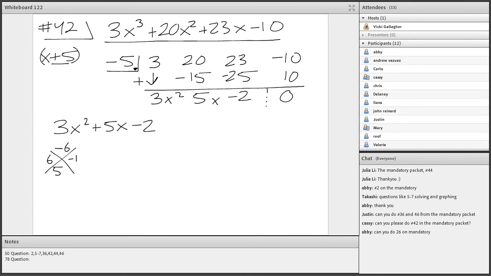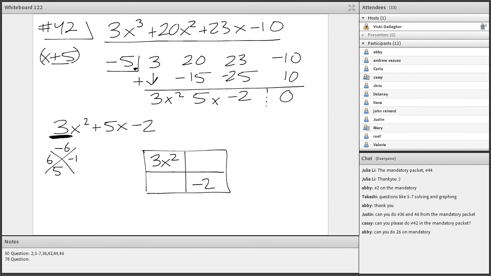So that does work. Now you have to remember that if there's a leading coefficient, if there's a number in the very, very beginning of the problem, that after you do the x, you do have to do the box. It is called the x box method. And so in the first box, I will put my first term, 3x squared. In the last box, I will put my last term, -2.